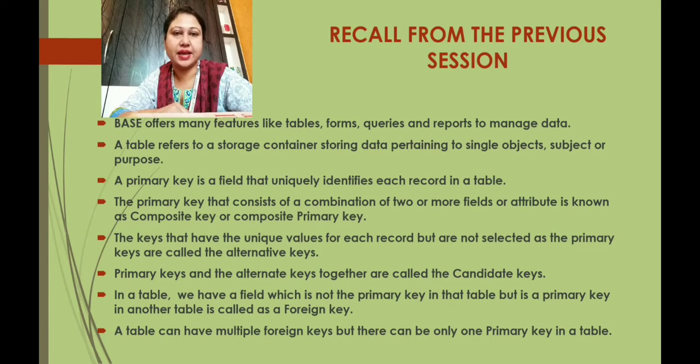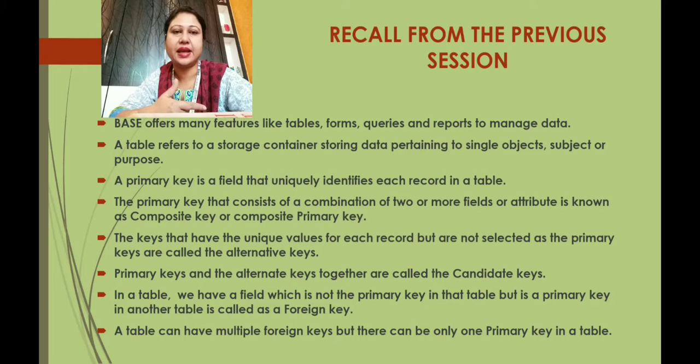Then we had also gathered knowledge that the keys which have unique values for each record but are not selected as a primary key are called alternative keys. That means, say for example, in a particular table we have a roll number field as well as an admission number field. Both these fields will have unique values, but the roll number field is selected as a primary key, but the admission number field is not.